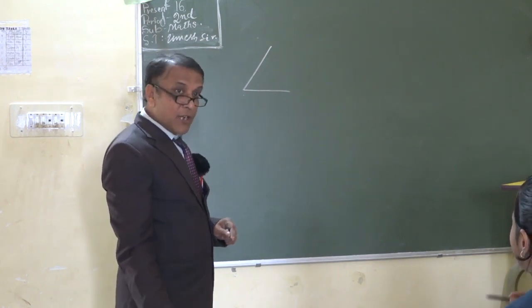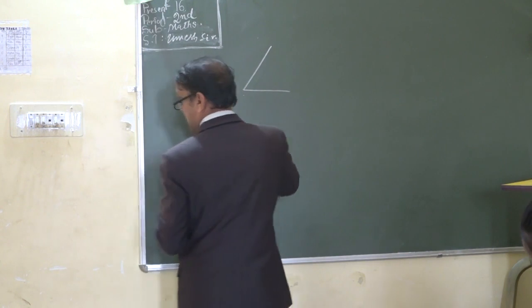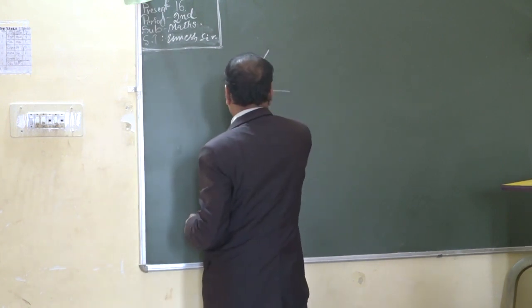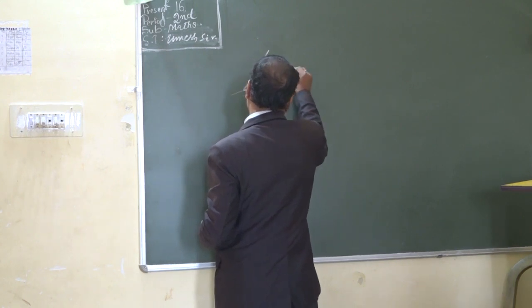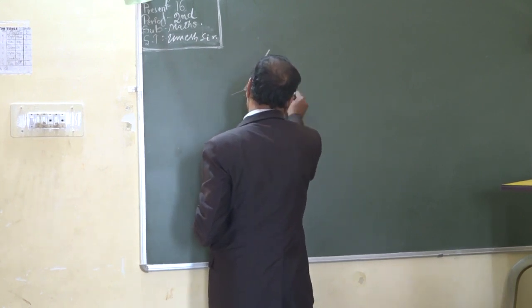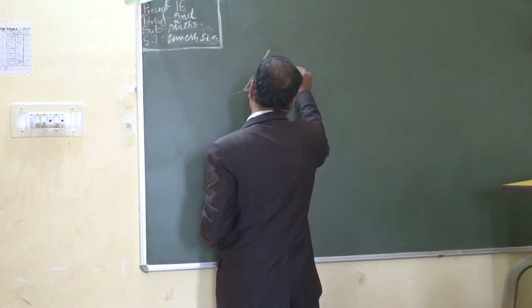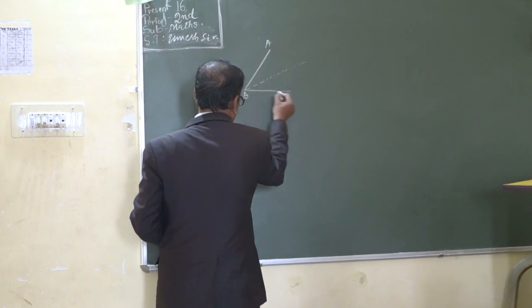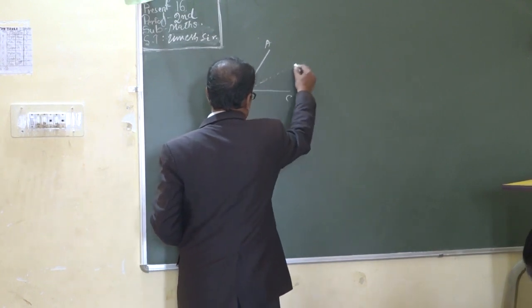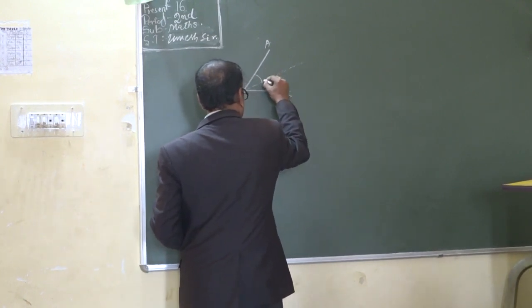Now, tell me, for an angle, how many symmetrical lines are there? One. Only one. And what is that? That is the angle bisector. This is the angle. So this is the angle bisector. What is called angle bisector?